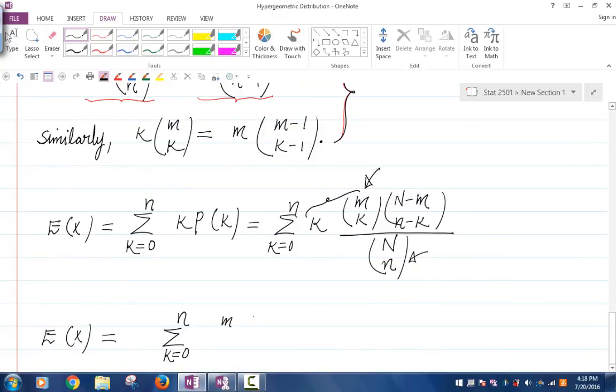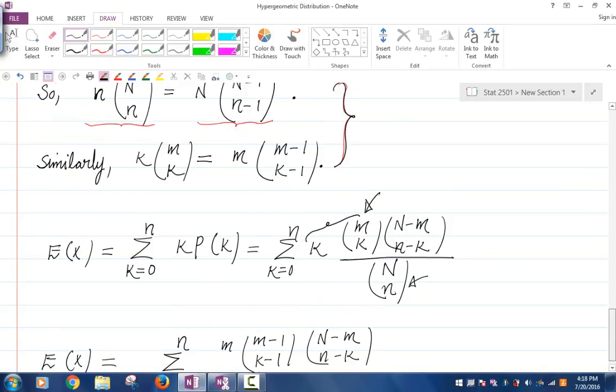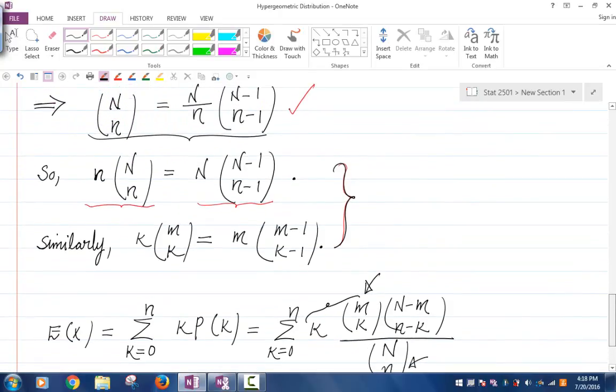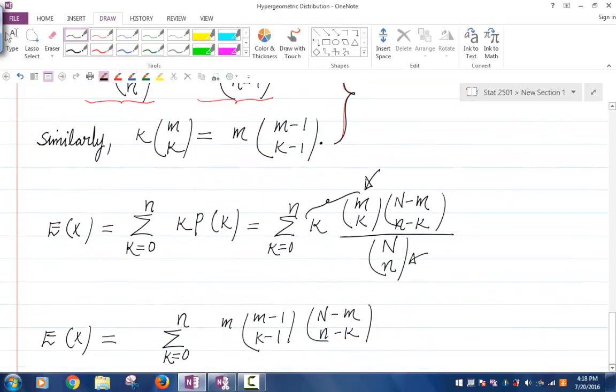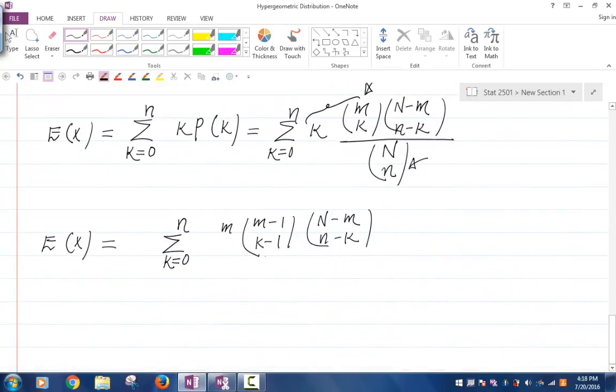M times m minus 1 choose k minus 1. I still have cap N minus m choose n minus k, and in the denominator cap N choose n would be cap N divided by n times cap N minus 1 choose n minus 1.